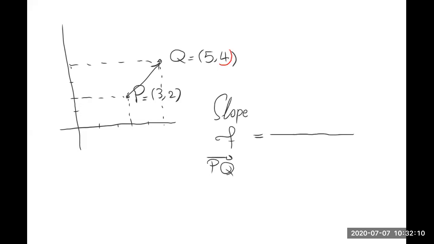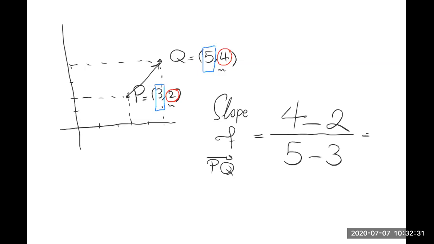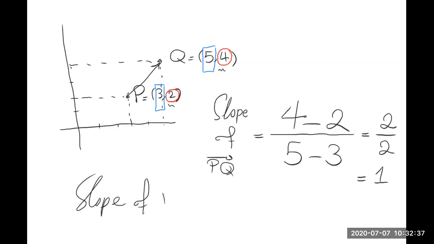Here I have 4, here I have 2. Subtract them, the second one from the first one, 4 minus 2. Look at the first coordinates, 5 and 3. Subtract them, 5 minus 3. I would get 2 over 2, which is 1. The slope of PQ is equal to 1.